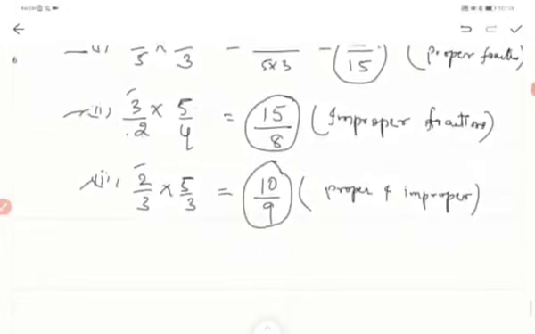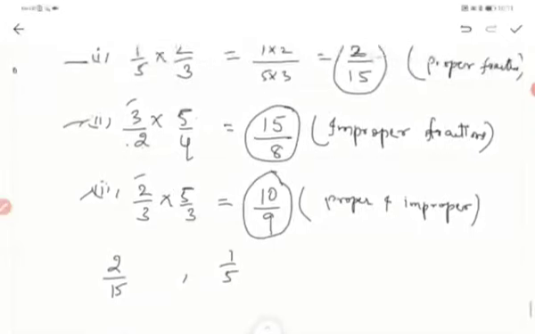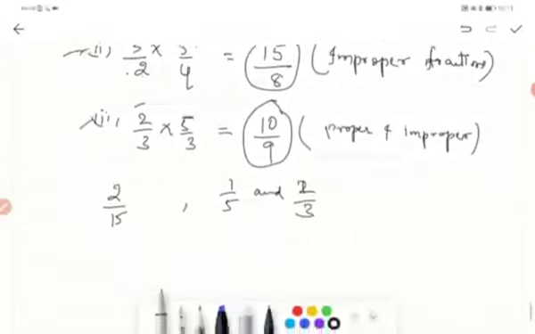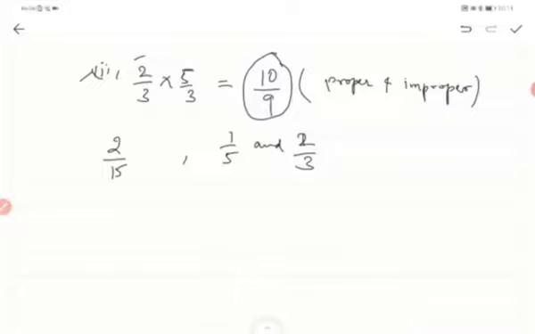Our answer was 2 by 15, isn't it? And the two given fractions were 1 by 5 and 2 by 3. Let's check individually. If I compare 2 by 15 with 1 by 5, we will do this butterfly model.